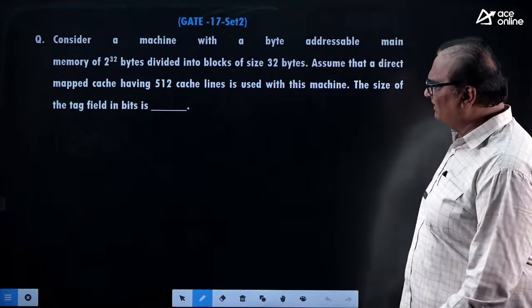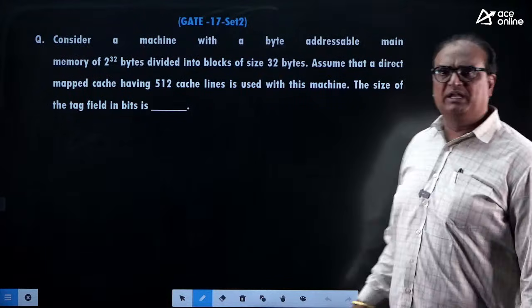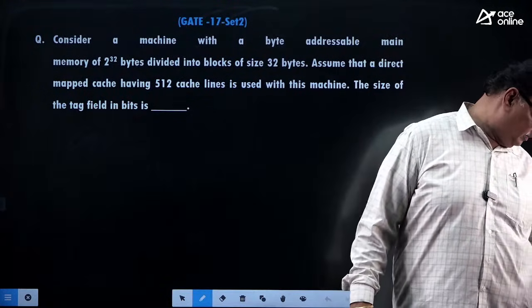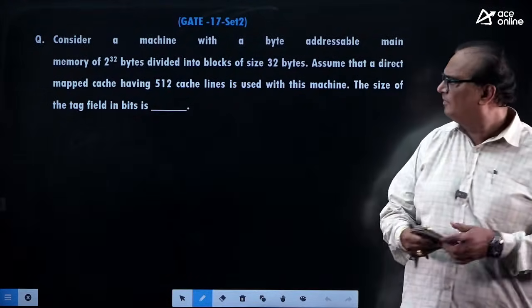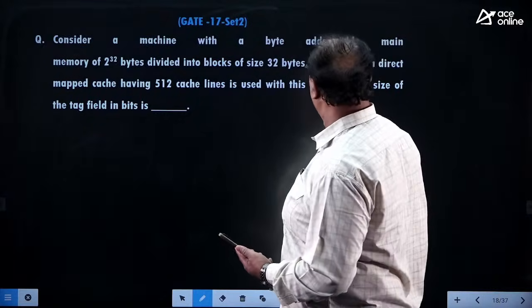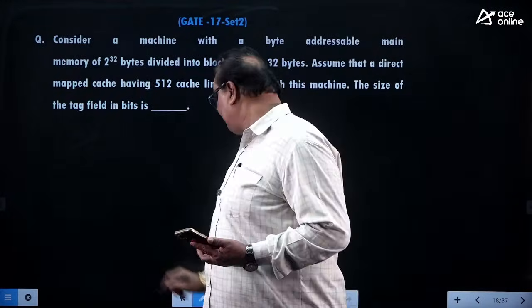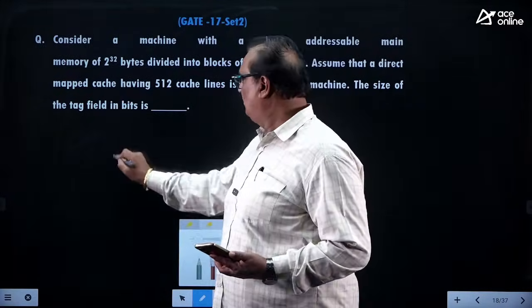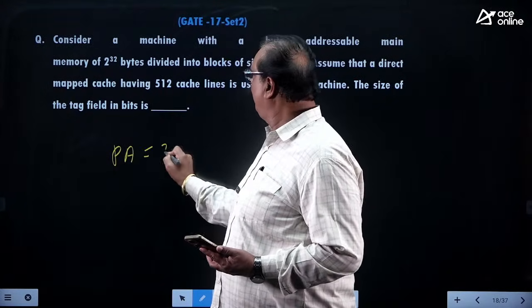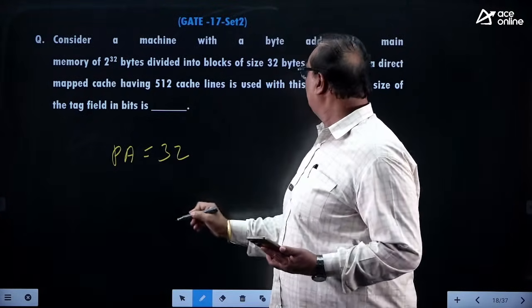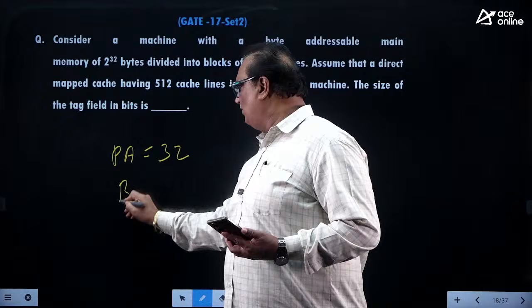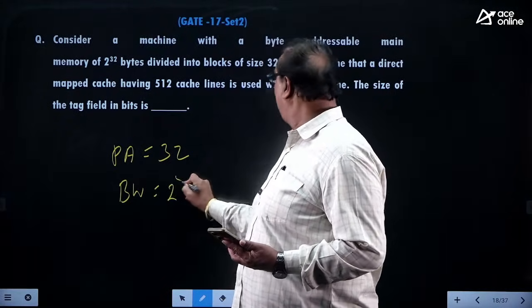Here 2017 question. Take only 1 minute time. Consider a machine with byte addressable main memory of 2 power 32 bytes. What is PA here? 32. Divided into block size of 32 bytes means number of words in a block is 2 power 5.